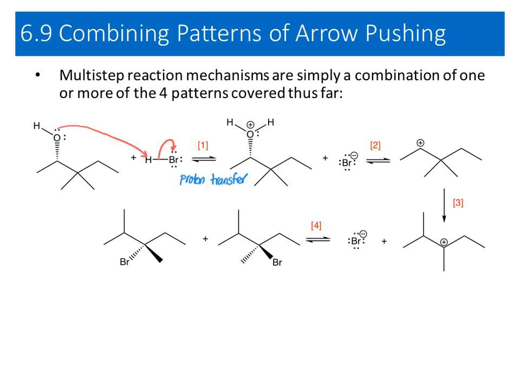So then let's look at the next step. Compare the starting material with the products. If I compare this molecule with this structure, it is obvious that I lost the water molecule here. So it is loss of leaving group.